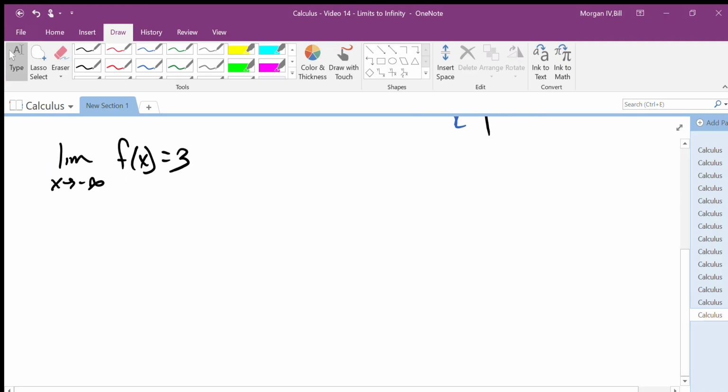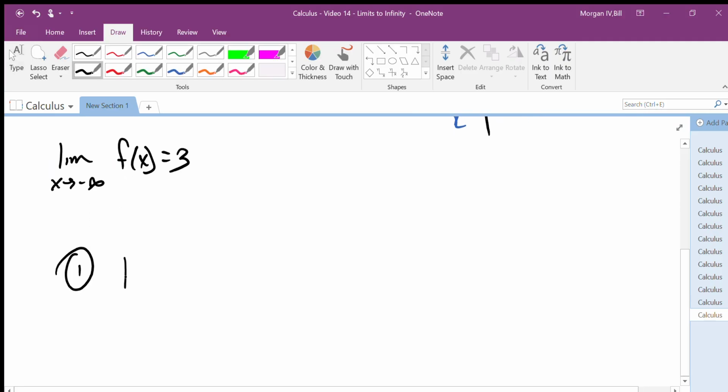Let's start with the limit as x goes to infinity of 2x squared minus 7x divided by x squared minus 9. Okay, so here's the thing we can think about.